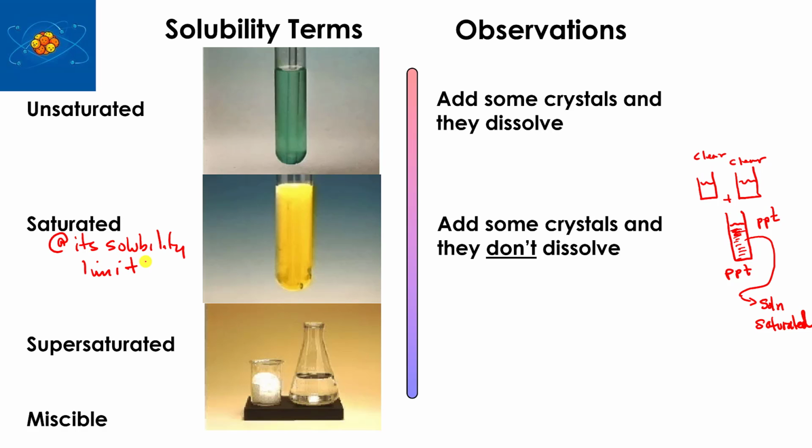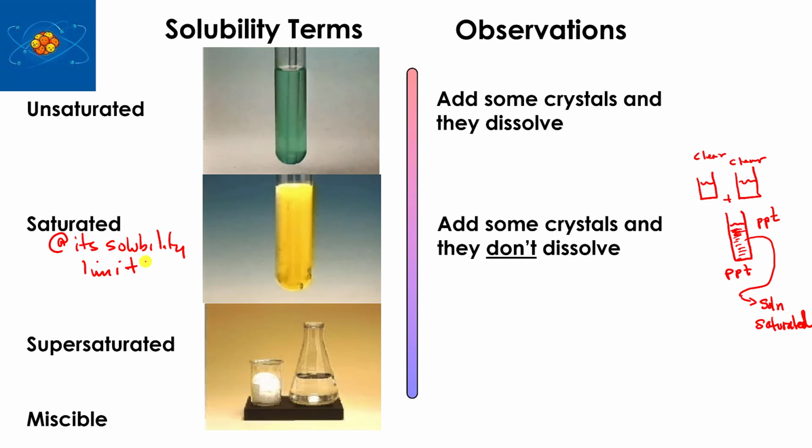Now, supersaturated solutions have more solid dissolved than the solubility limit. So that sounds like it can't be right, because if it's at its solubility limit, I just told you that's the most you can dissolve.